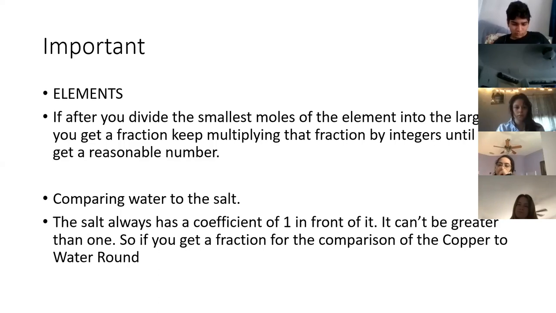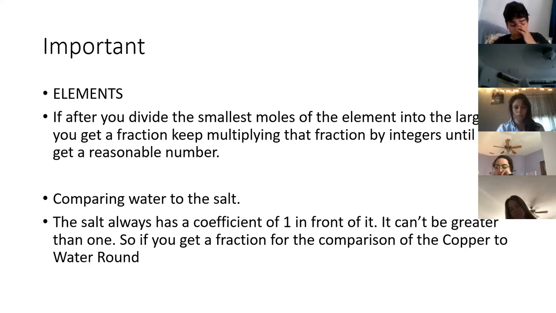When I'm comparing the elements to one another, one of the elements does not have to have a molar ratio of 1. I can have rust, Fe2O3. Neither one of them has a molar ratio of 1 to something, right? So with the elements, it's important for me to multiply by integers.